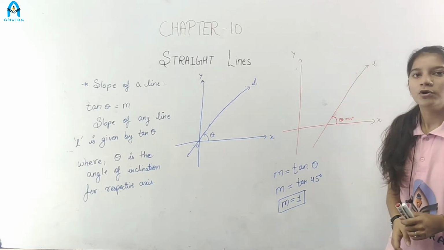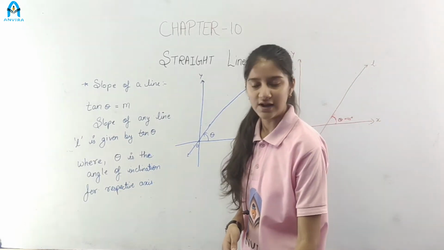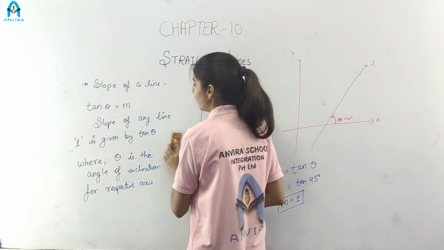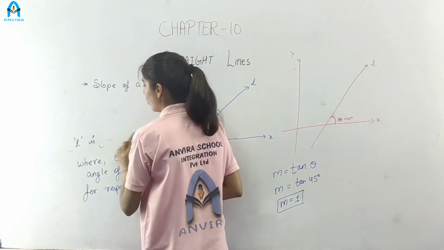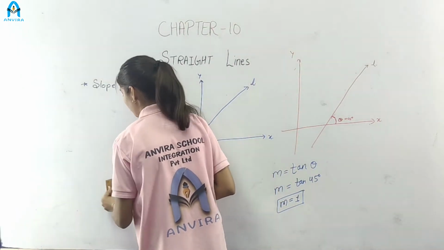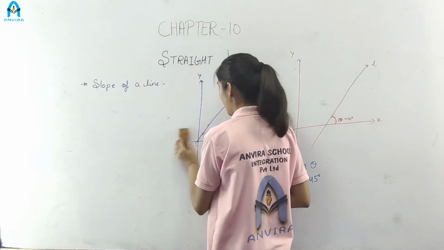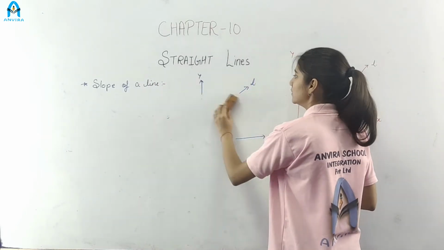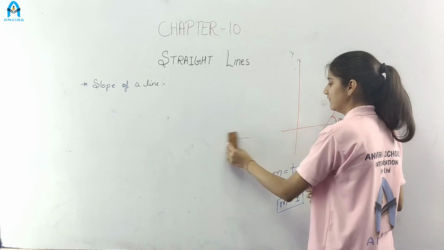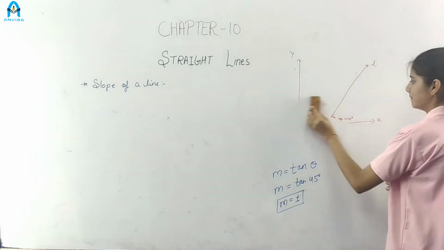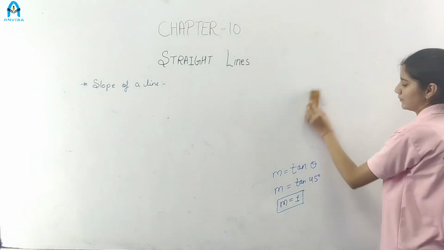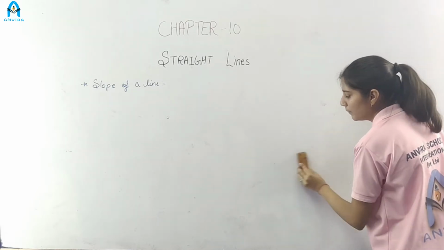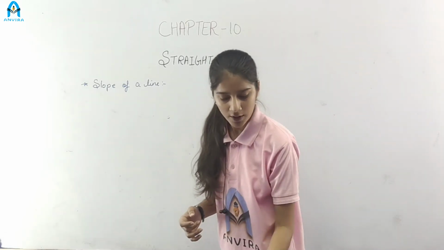So next we will start the slope of a line by coordinates. By using coordinate system, how can we find the slope of any given line? I hope you understand what the slope is.